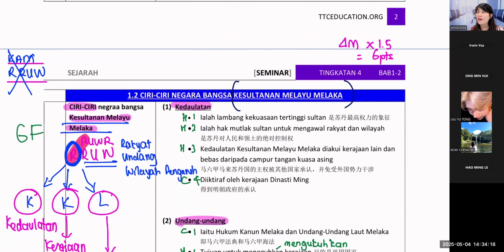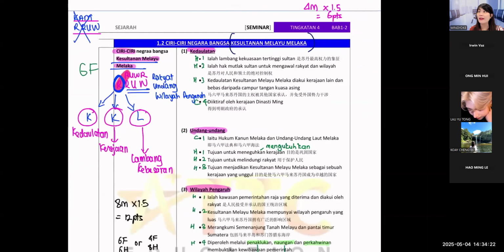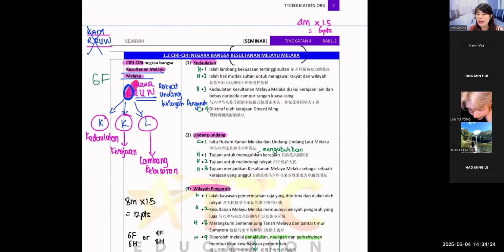Some students are very smart, very pro. It's not that you're not pro. Why I limit you to 1.5 is because a lot of students every year tell me, teacher, I overwrote the answer until I didn't have time to complete the last essay question.